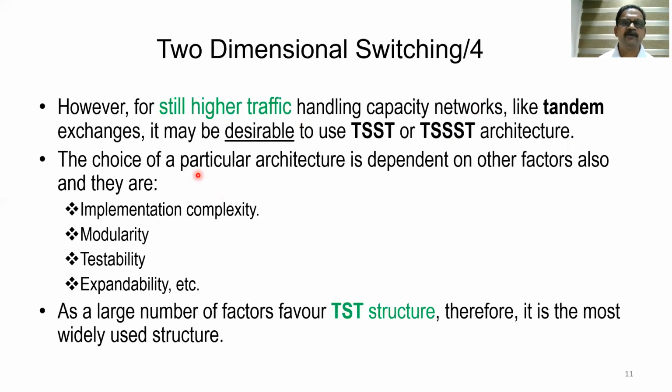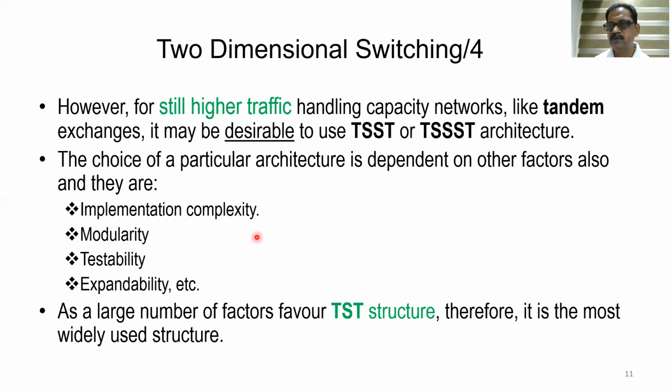The choice of a particular architecture is dependent on other factors also, and they are enumerated below. So the architecture we have to select depends upon the technicalities of the time and space stages, the time stage in the input and output and the space stage in between, and also some more factors given below.